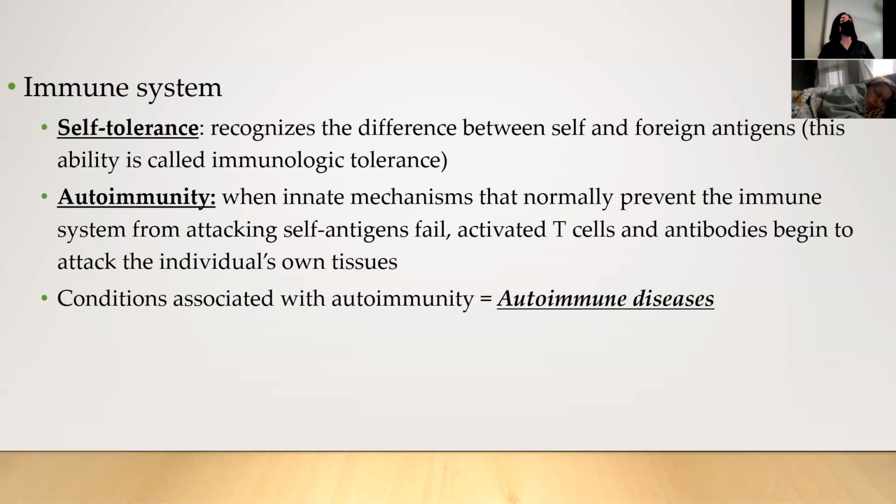Like, you get a cold and the next time you don't get the cold so bad, because your body has learned about it. So when you have an autoimmune disease, that first innate immune system messes up a little bit, which triggers the adaptive. Conditions associated with autoimmunity are called autoimmune diseases.